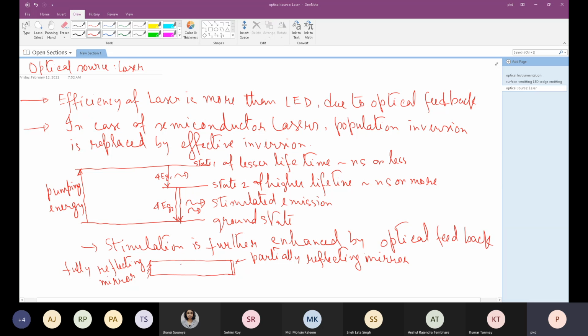So when an energized ion releases its energy and emits a photon, that photon will be reflected back and forth in this what is known as a cavity, usually at a very low pressure.